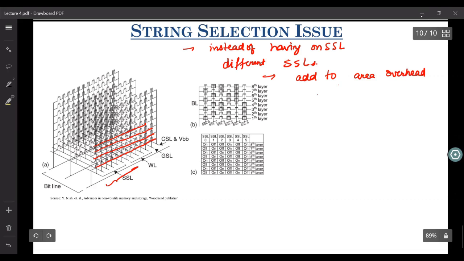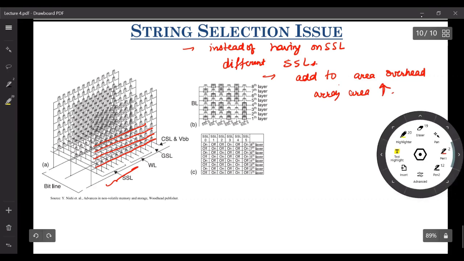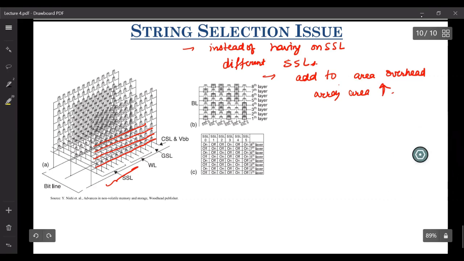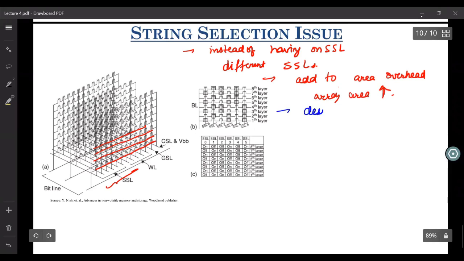I mean, your array area increases. And second, they design SSLs at different layers using different kinds of transistors.